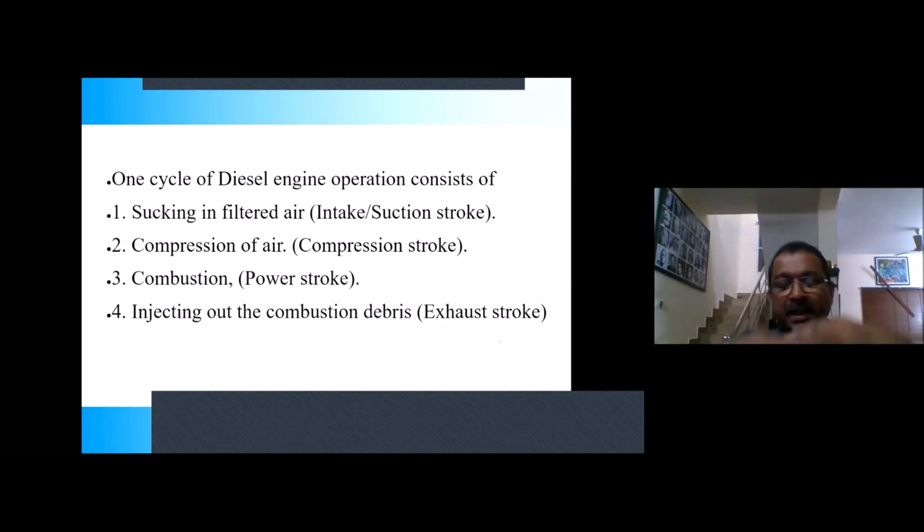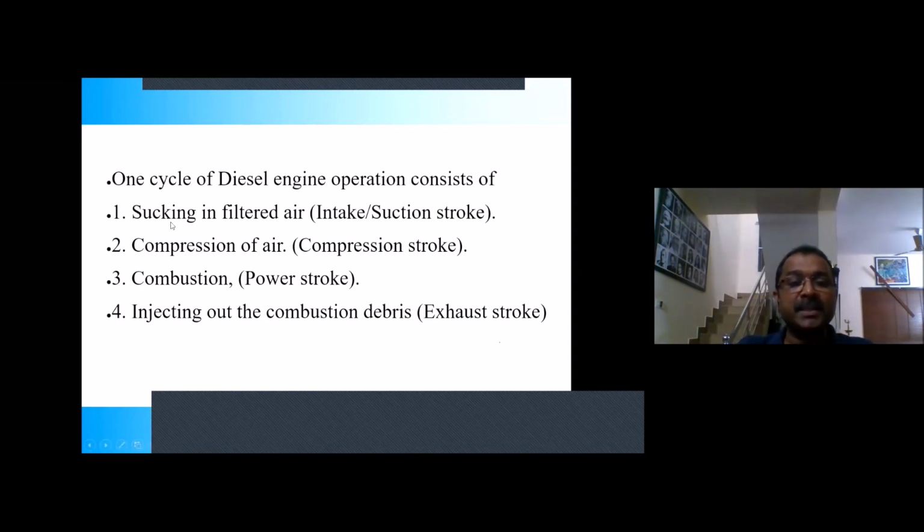In order to repeat a fresh cycle, you have to kick all this debris outside. So these are the 4 strokes involved in the operation of a 4-stroke diesel engine.